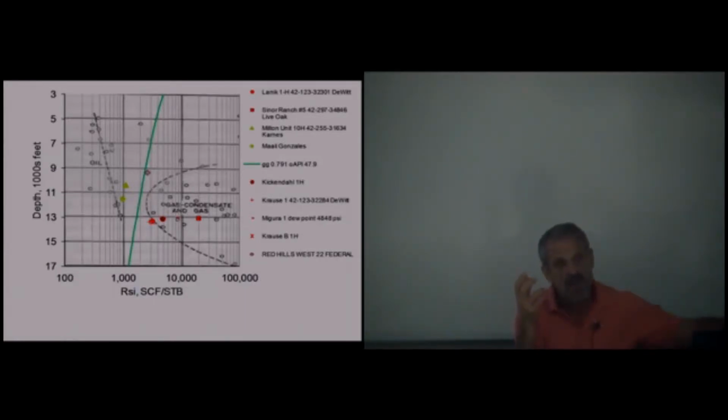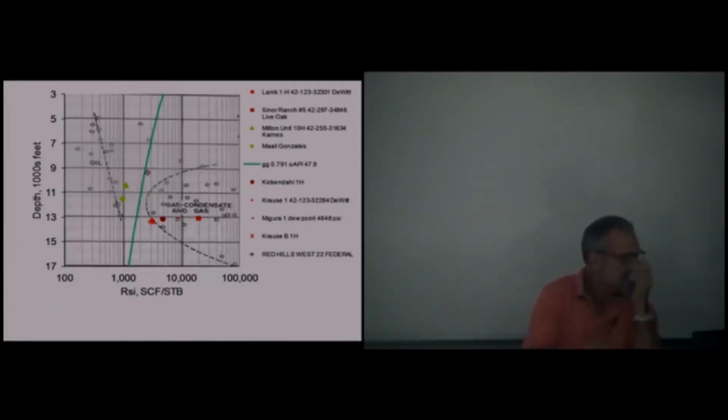So the data I have on here are from the Eagleford, where we know we have a transition from oil to gas condensate to gas through a seven-county area.